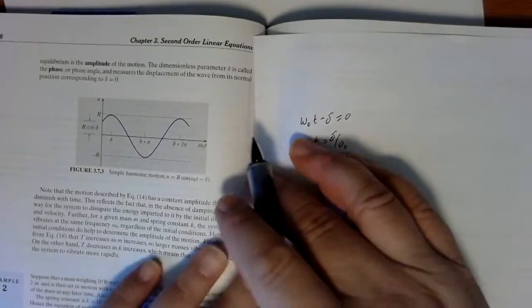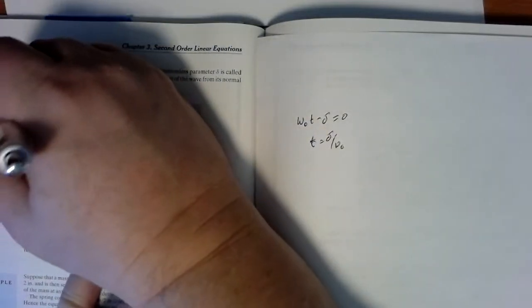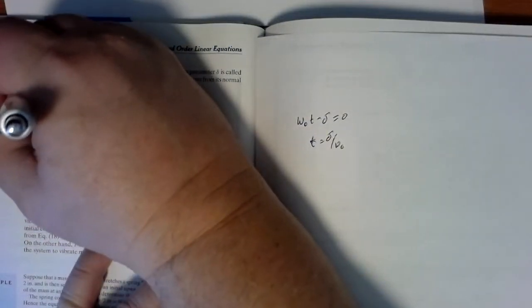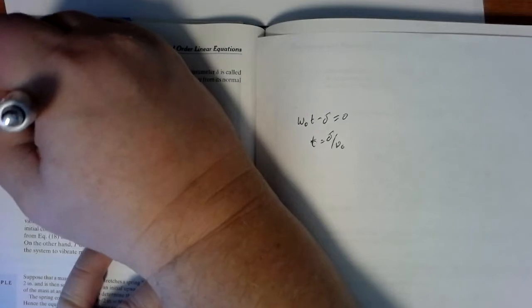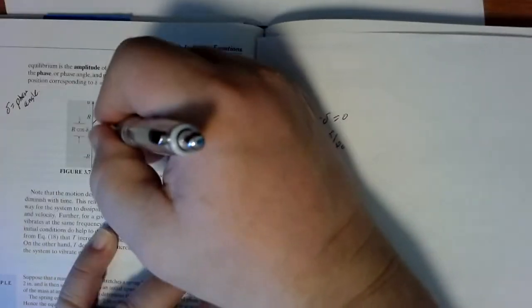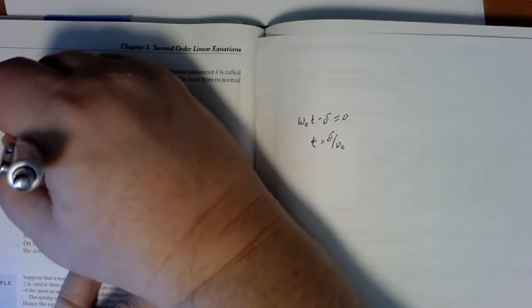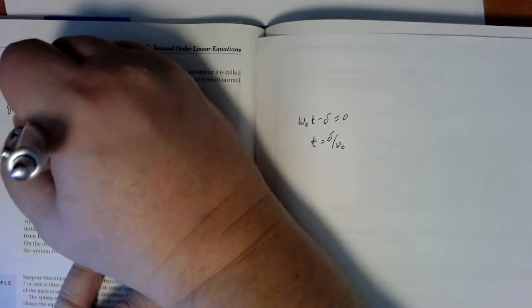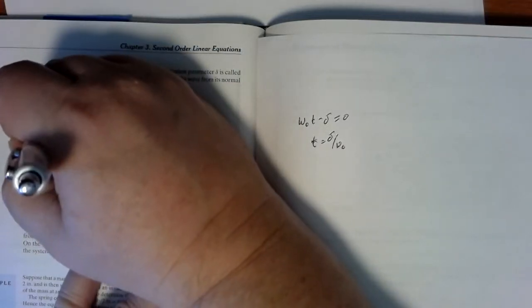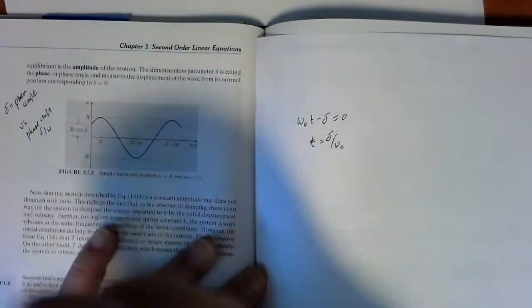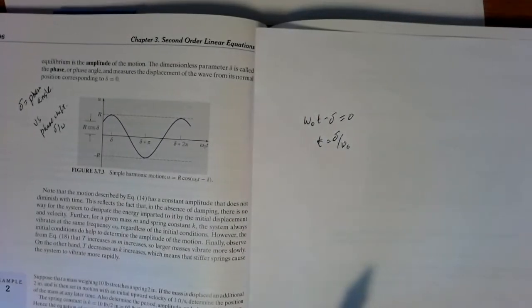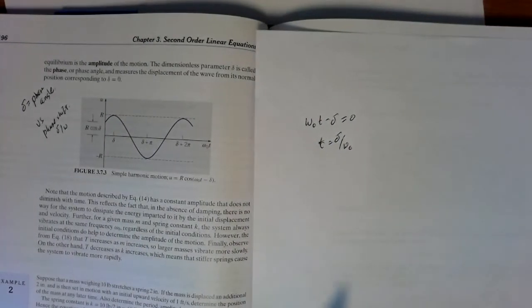And so that's why I'm going to distinguish between delta being the phase angle versus whatever this is, and that's going to be the phase shift. Well, I shouldn't say whatever it is. Phase shift is delta over omega naught.